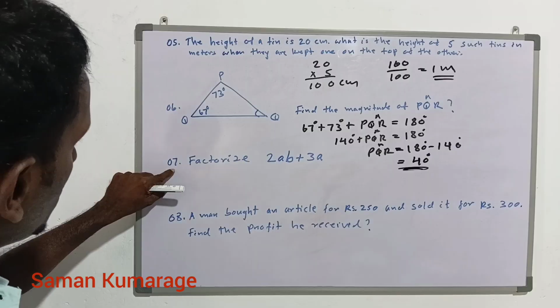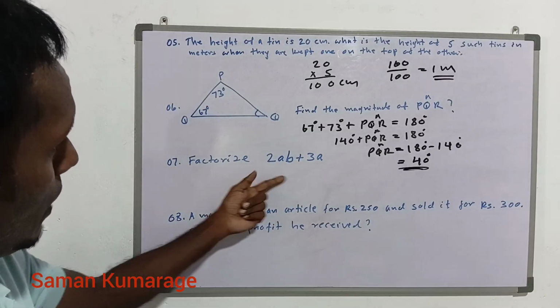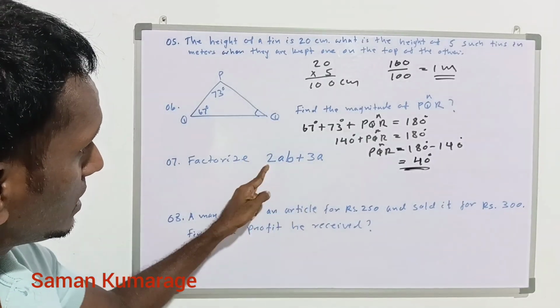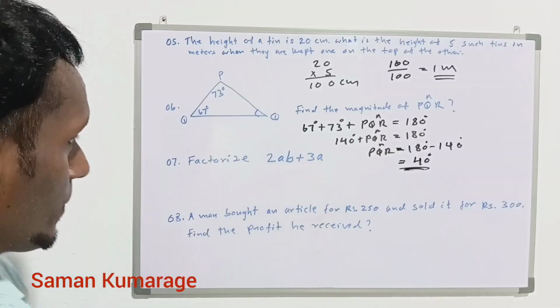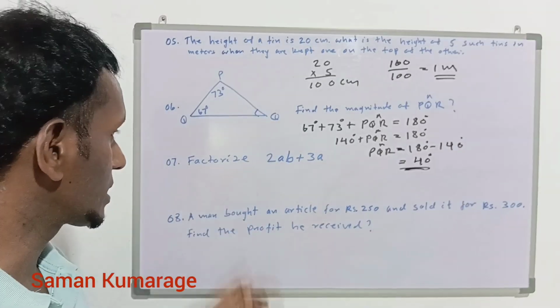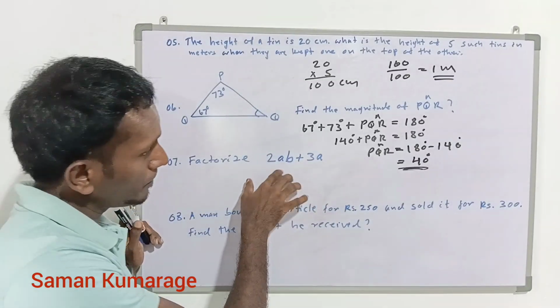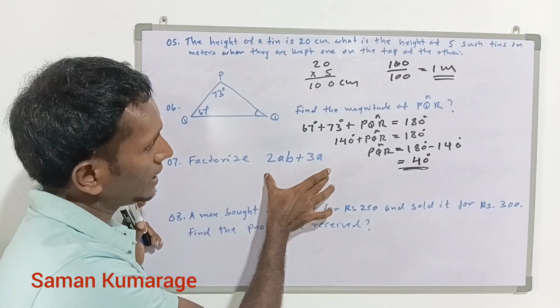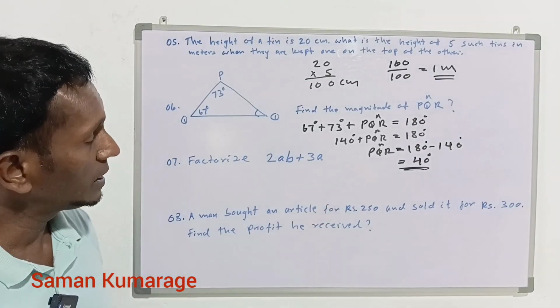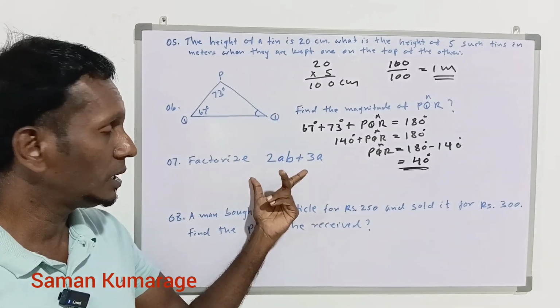And in question number 7, we have an expression. The expression is 2AB plus 3A. We have to factorize this. For factorizing an expression like this, we need to first find the GCF, greatest common factor.